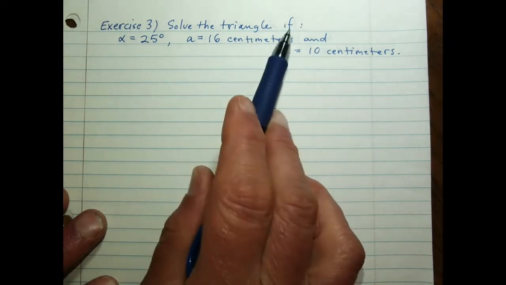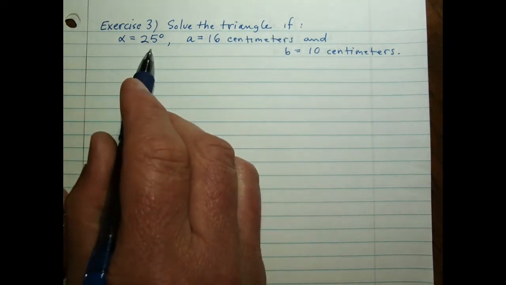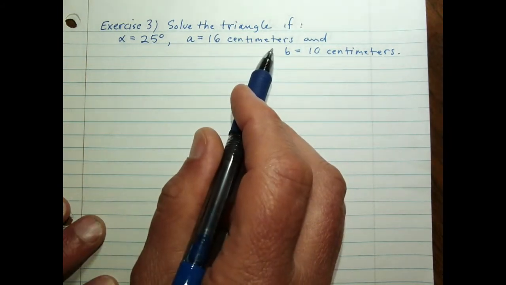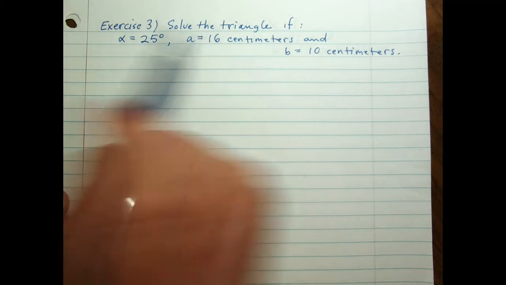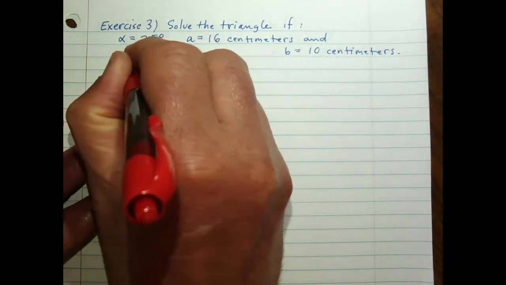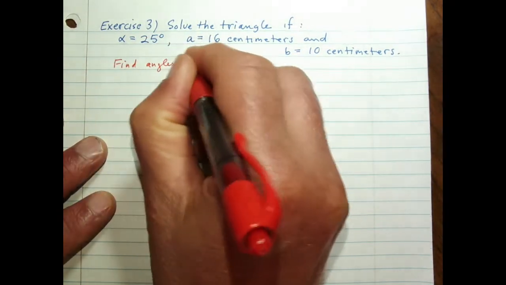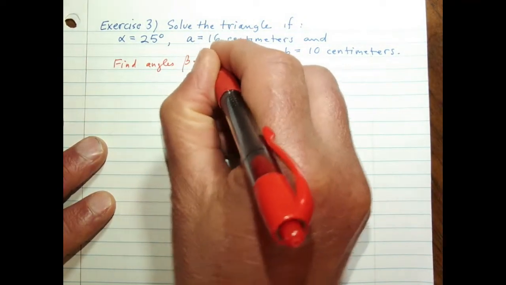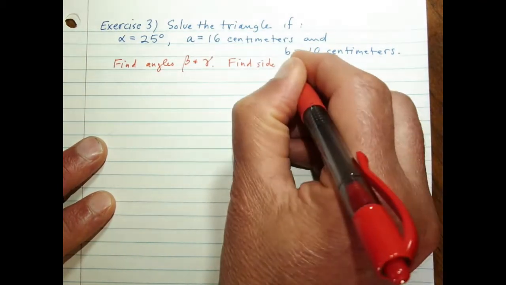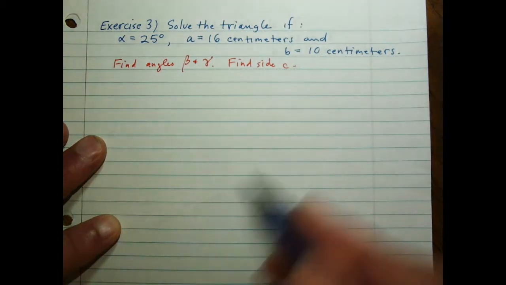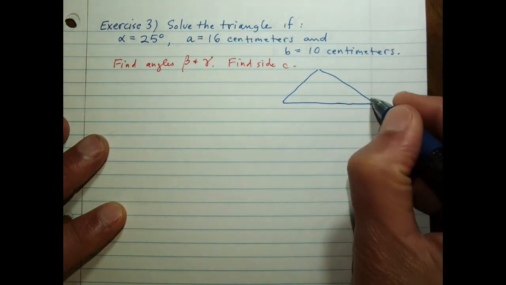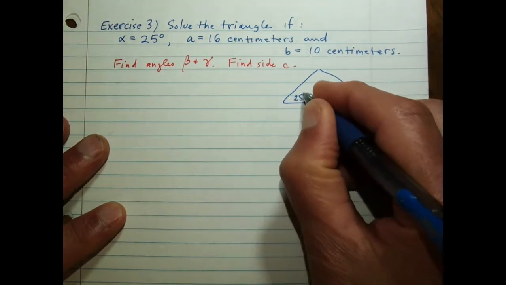Exercise 3, solve the triangle if alpha is 25 degrees, side A is 16 centimeters, side B is 10 centimeters. So we have to find angles beta and gamma, and we have to find side C. If I were to draw a picture, I'll put the 25-degree angle here.